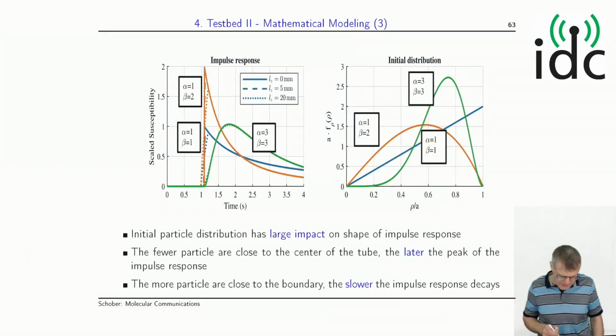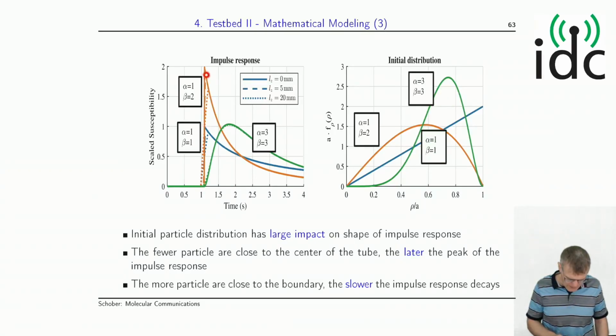If you have a number of particles close to the center of the tube, as is true for the orange and blue curves, then you get a peak in the impulse response right after the delay, once the first particles arrive. This is due to the particles at the center of the tube. This here is the distance of the particles from the center of the tube, this rho, the distribution of the particles.